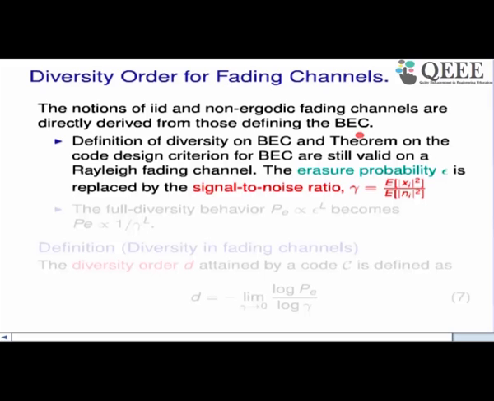So that is one thing. The probability of error of a fading channel is now proportional to 1 by gamma power L, whereas in an erasure channel it is epsilon power L. Okay, see the relation between the probability of error for a non-ergodic erasure channel with L degrees of freedom or diversity order, to that of the fading channel.